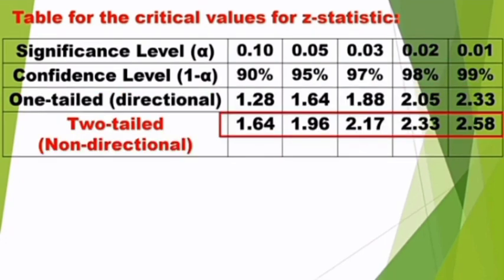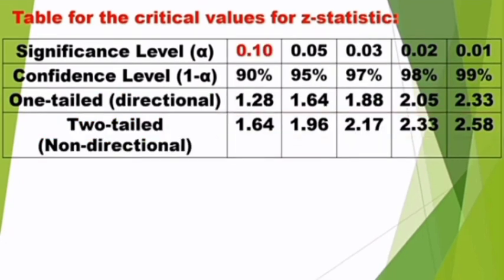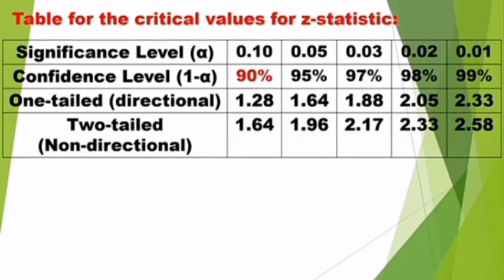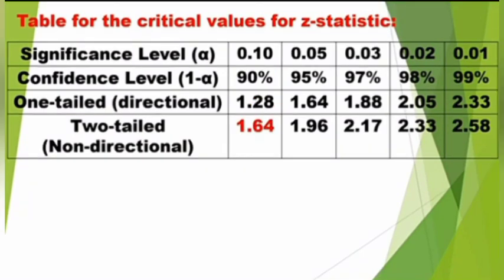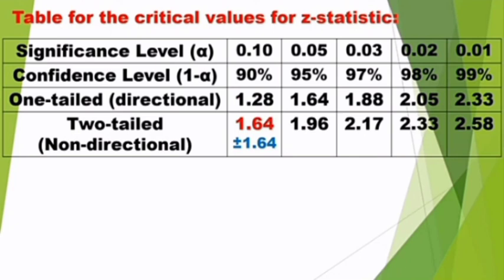To use the table, for example, for 0.10 or 90%, the one-tailed directional value is 1.28 for right-tailed and negative 1.28 for left-tailed. For two-tailed or non-directional tests, 1.64 and negative 1.64 are both critical values.